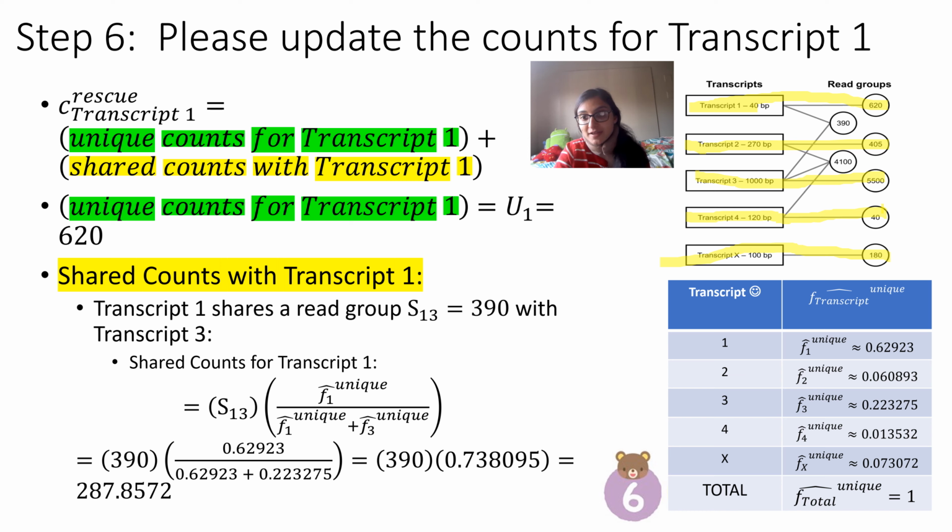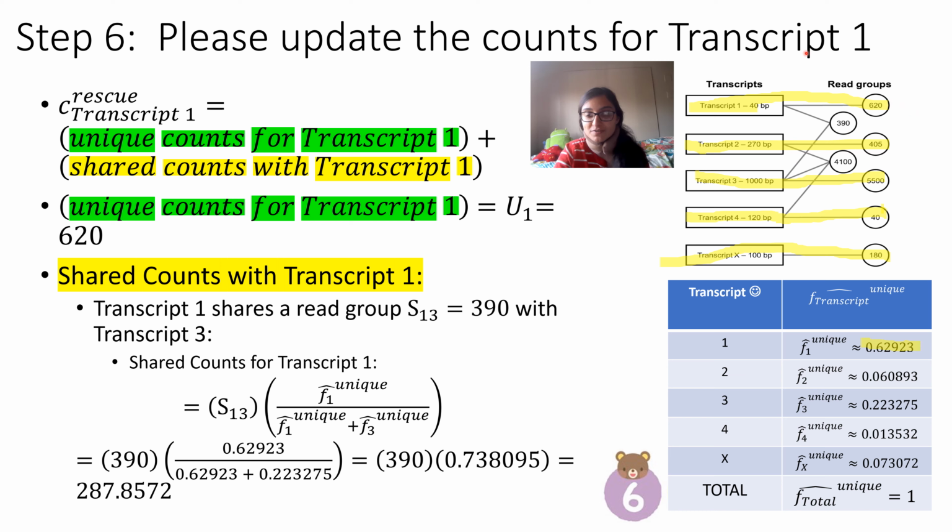We summed up those values, which is 24.63. Then we took each of these values, like 620 divided by 40, and divided that by 24.63 to get 62.923. That's how we had gotten those values.